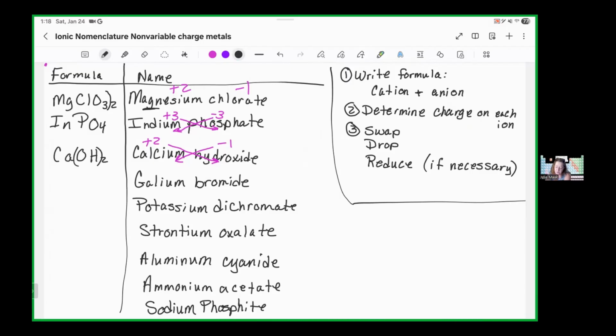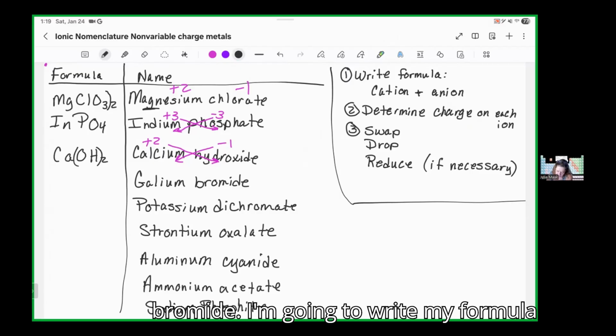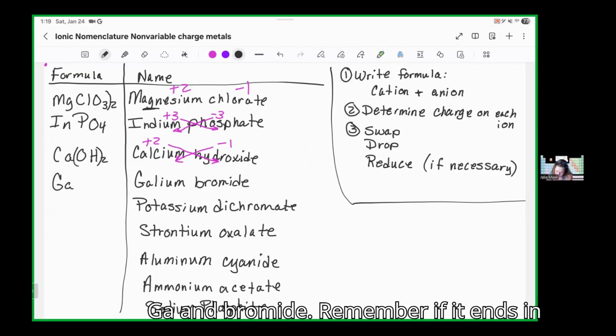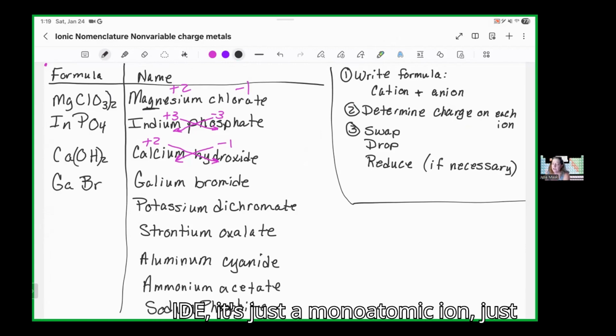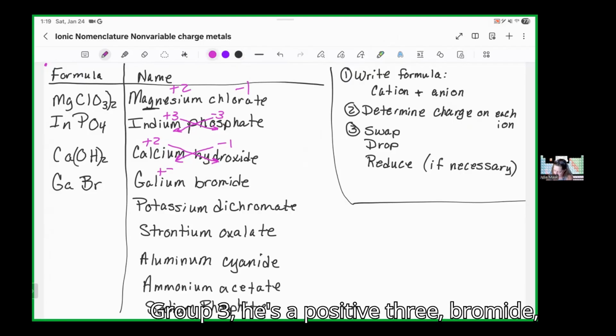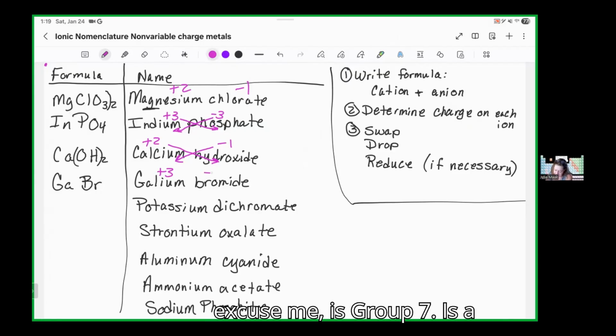Okay, so now I'm going to go to gallium bromide. I'm going to write my formula for my ions. So I've got gallium is Ga. And bromide, remember if it ends in ide, it's just a monoatomic ion, just bromine. Okay, so if we look at our periodic table, gallium is in group 3, he's a positive 3. Bromide is group 7, he's a negative 1.